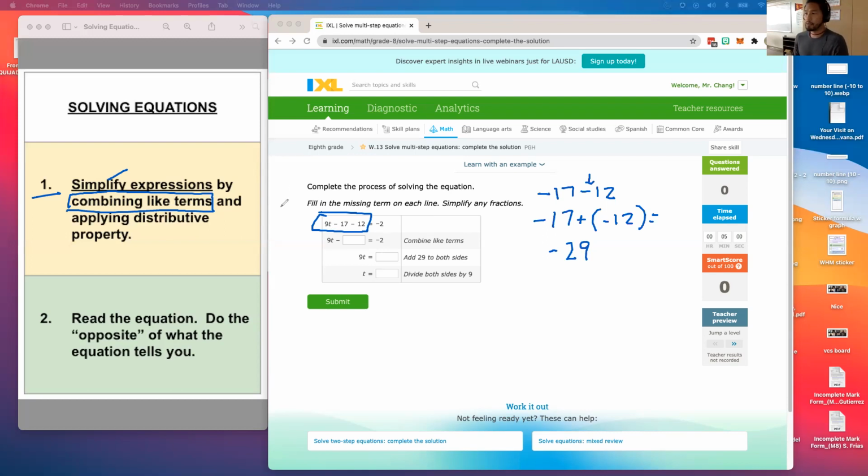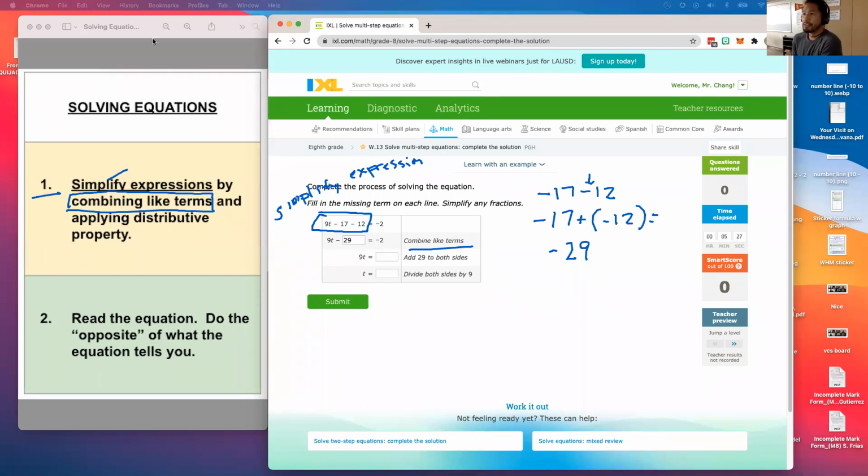I am simplifying the expression, just the left side, by combining like terms. And that's exactly what it's telling you right here. So I am just going to type the number 29 into the box, right?